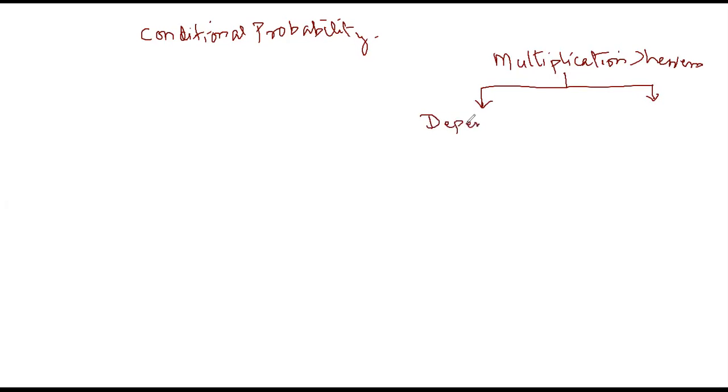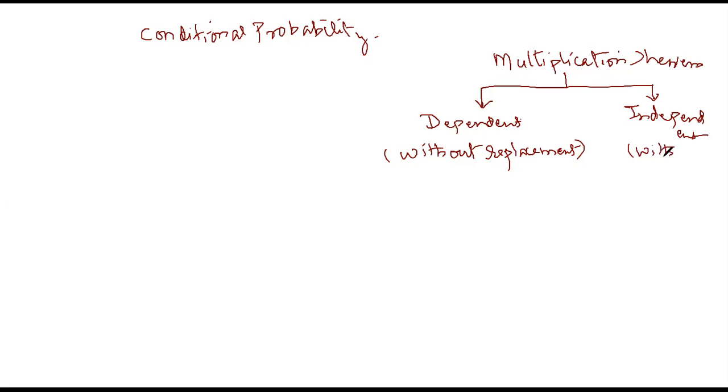If we are talking about dependent events, that means we are taking out a card or a ball from a bag without replacement. And if it is an independent event, then it is with replacement.